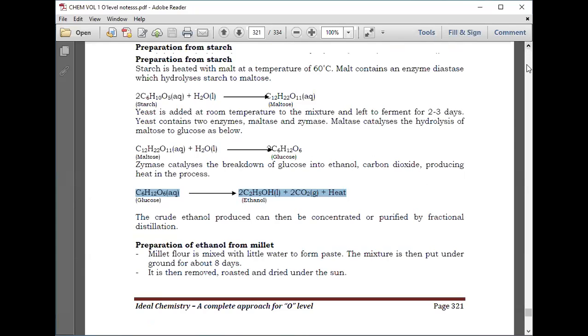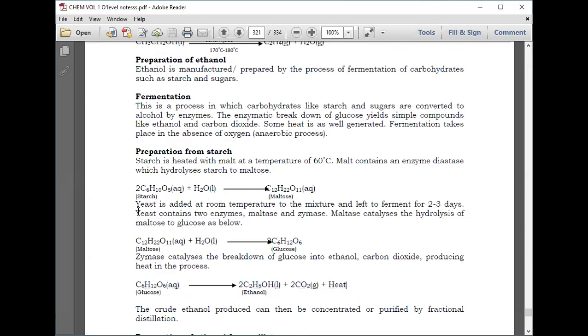As I conclude, I repeat the preparation of ethanol from starch. I told you to write these three equations. The first equation is starch being converted to maltose, and the formula of maltose is C12H22O11.